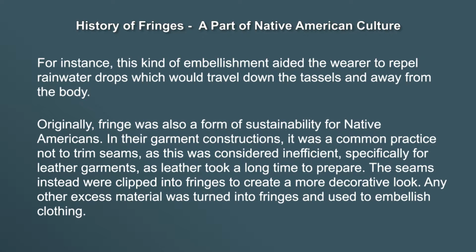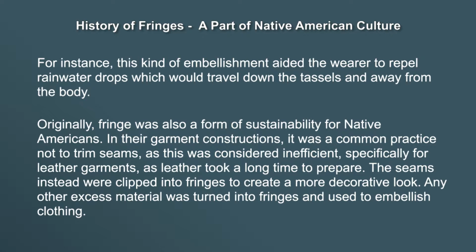Originally, fringe was also a form of sustainability for Native Americans. In their garment constructions, it was common practice not to trim seams as this was considered inefficient, especially for leather garments, as leather took a long time to prepare.